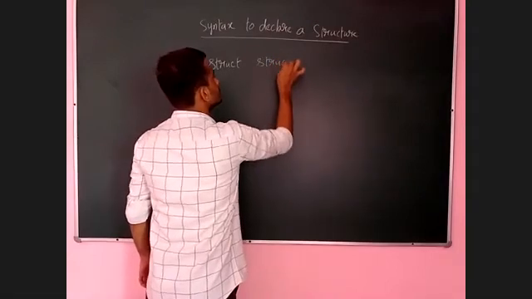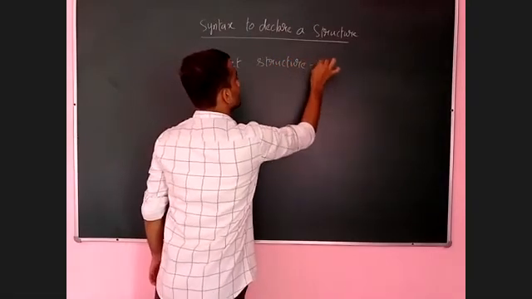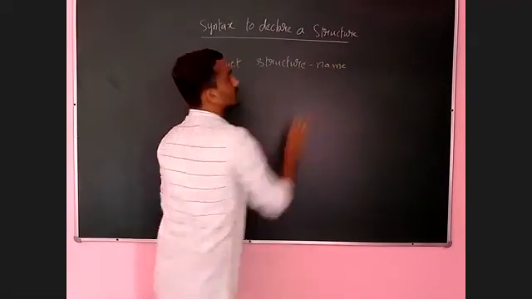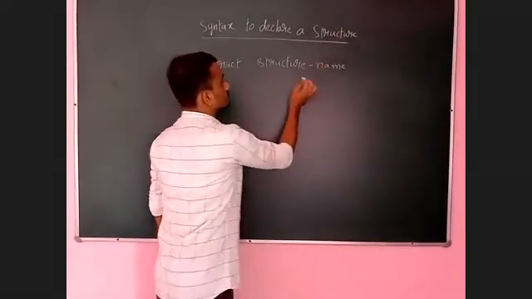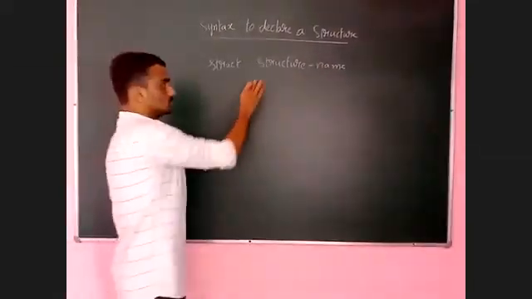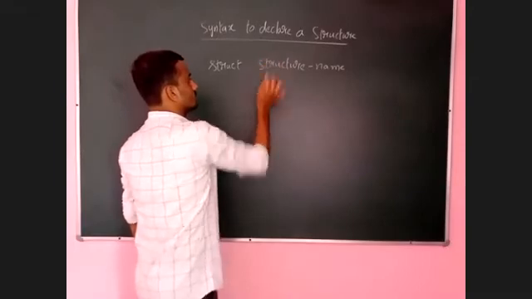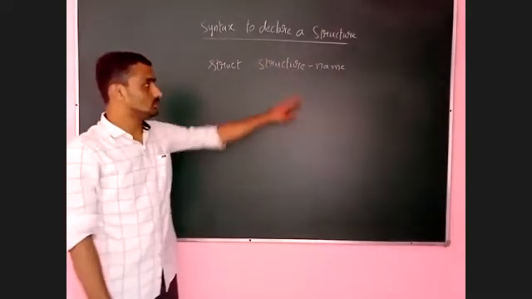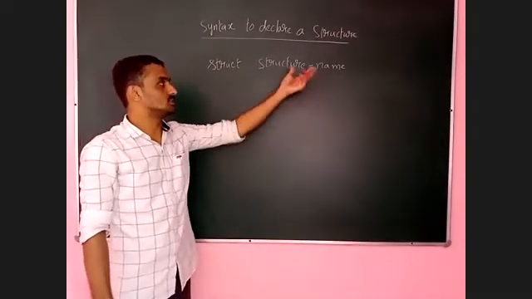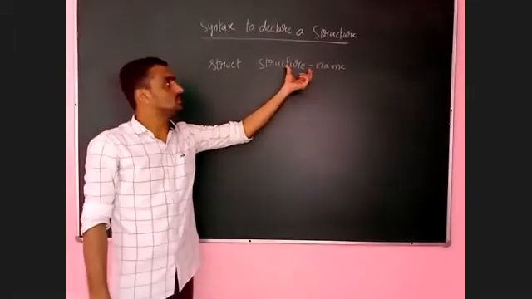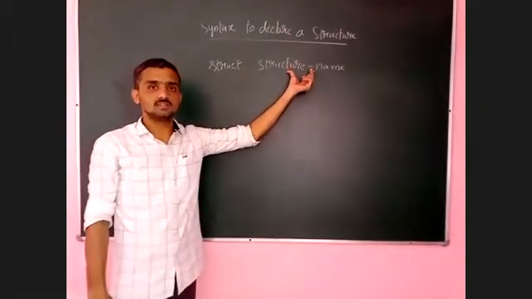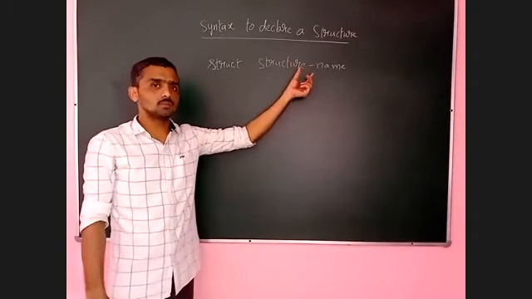The structure name is an identifier. While writing the syntax, you can write in any way, capital or small letters, hyphen, underscore, because there is no rule for this in the syntax. While writing the example, you have to maintain them.